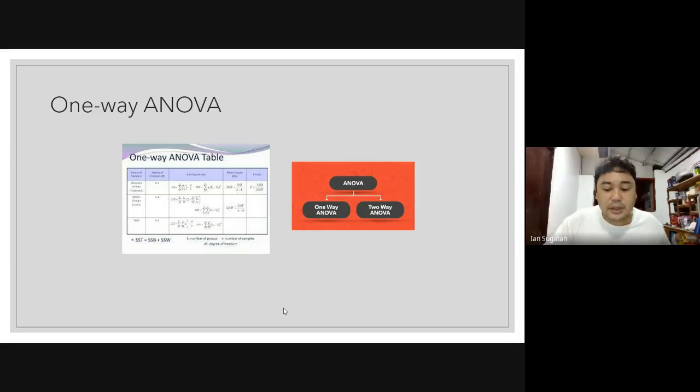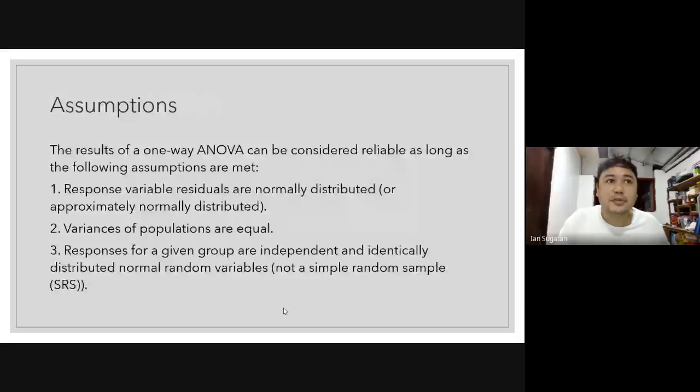So for one-way ANOVA, we have assumptions. Like for the t-test last time, we used variability for testing the null hypothesis. The results of one-way ANOVA can be considered reliable as long as the following assumptions are met.